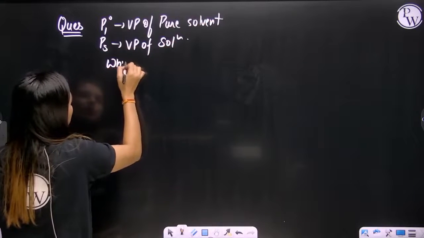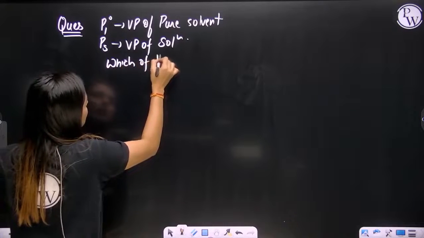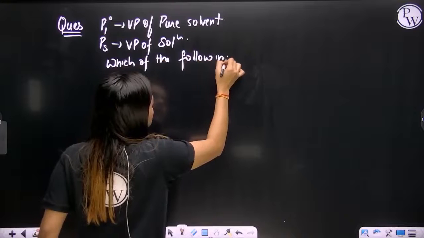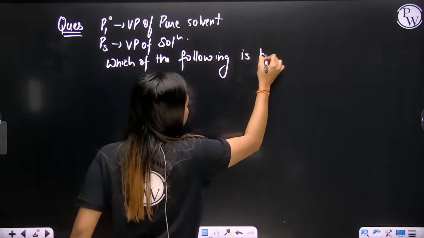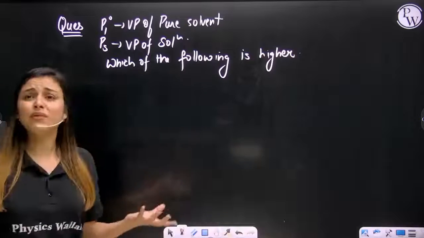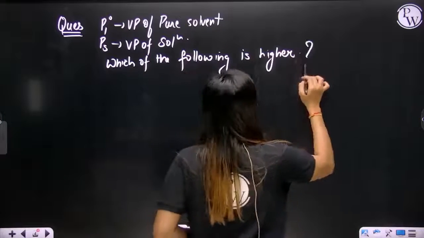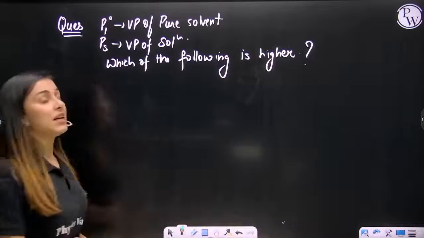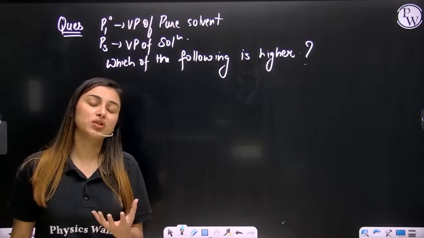Which of the following is higher? You have to tell me that out of P1 naught and PS, which vapor pressure is higher?